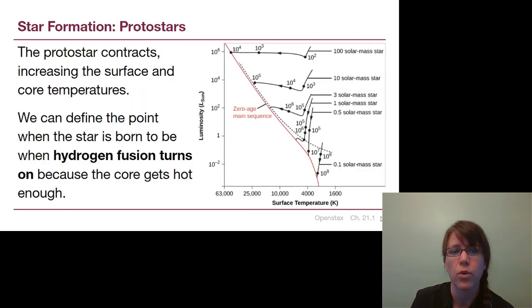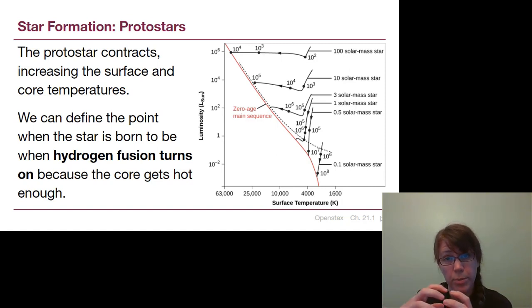Now, as the protostar contracts and gets smaller because gravity's pulling it into a tighter and tighter ball, the temperature gets bigger. It's turning gravitational potential energy into heat and light, so even though it's not turned on fusion yet, the protostar is still shining fairly brightly.